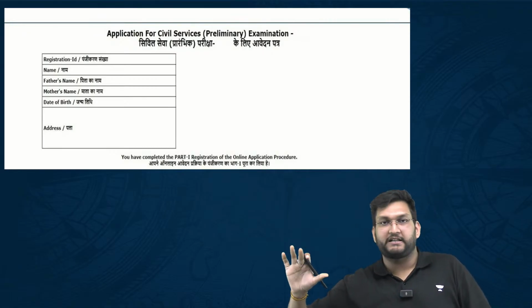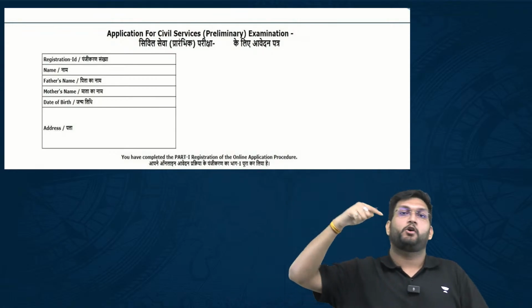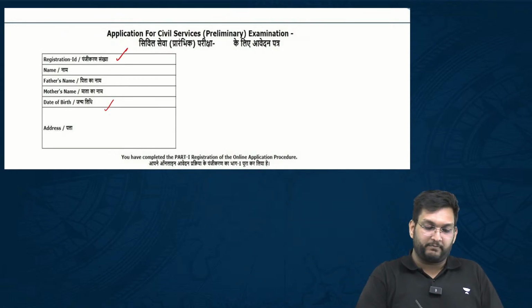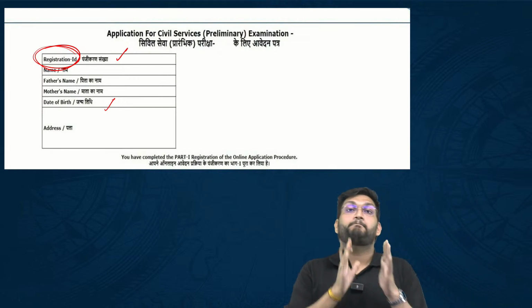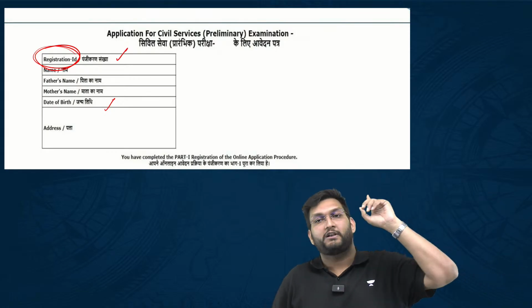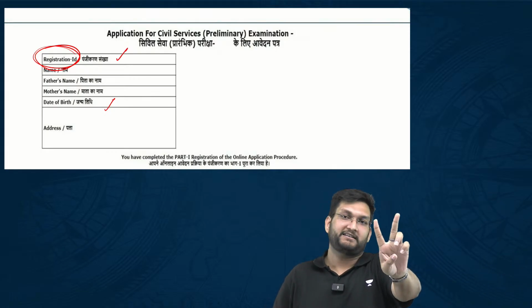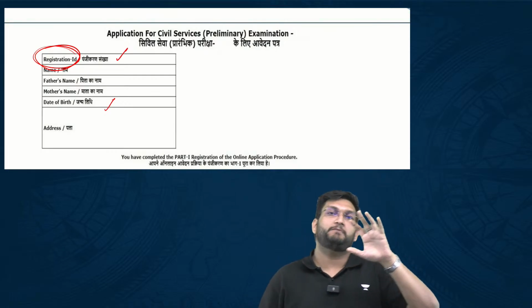When part 1 is completed, you will get multiple notifications. One on your phone, one on your email, that part 1 is completed and your registration ID has been generated. This is basically part 1 completed. Still the form is not complete. You have only completed 2 mandatory steps, OTR plus part 1. In part 1, they've captured basic details.